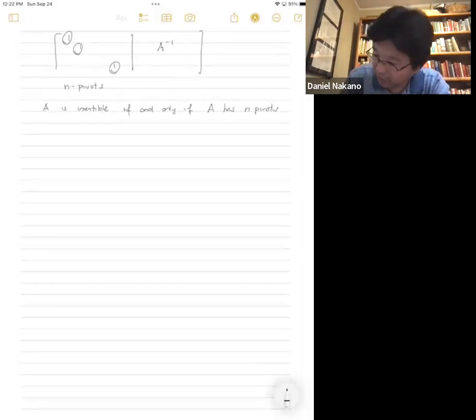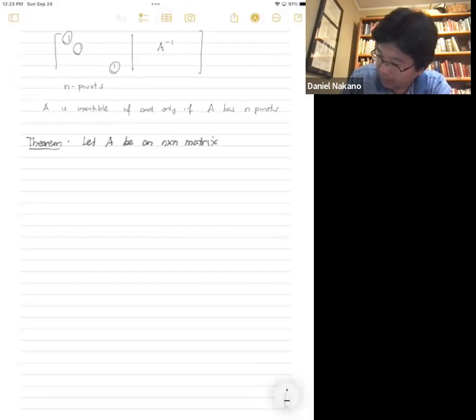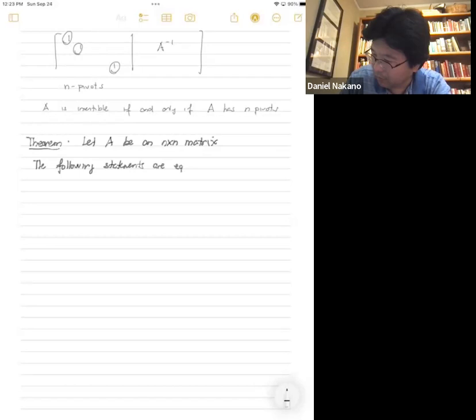And so here's a big theorem. Let A be an m by n matrix. The following statements are equivalent.